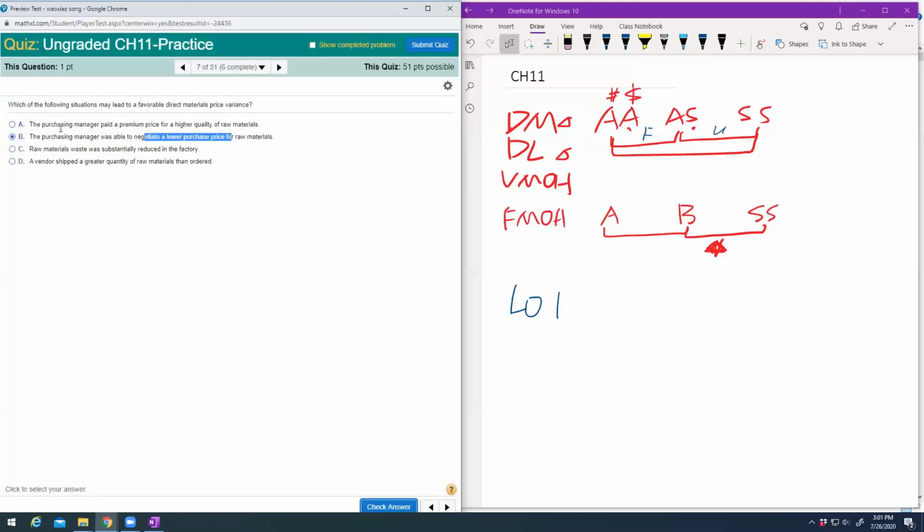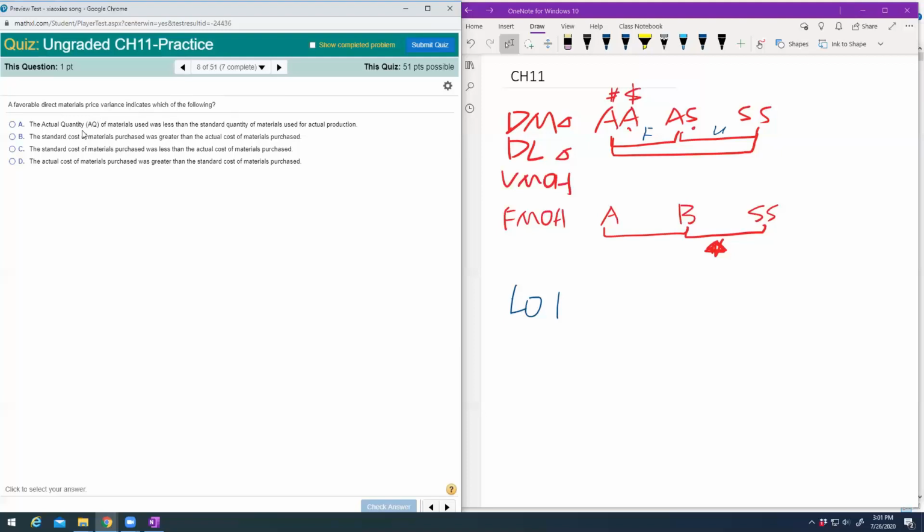Choice A, you will have an unfavorable price variance. Raw material restated, so you will have the quantity variance, right? Vendor shipped a greater quantity of raw material, so that will also be quantity. Okay, next one. A favorable direct material price variance indicates which?